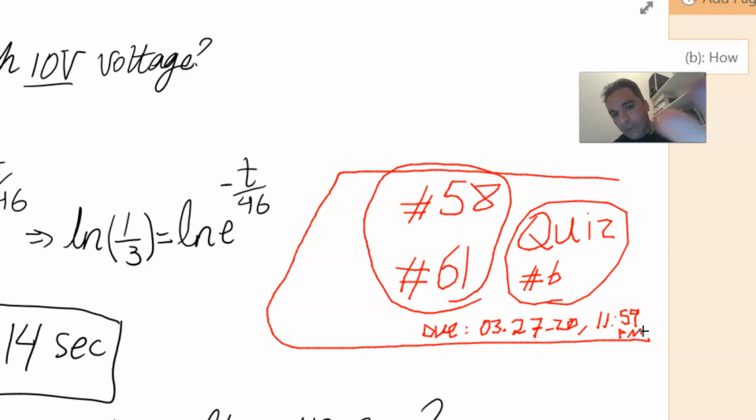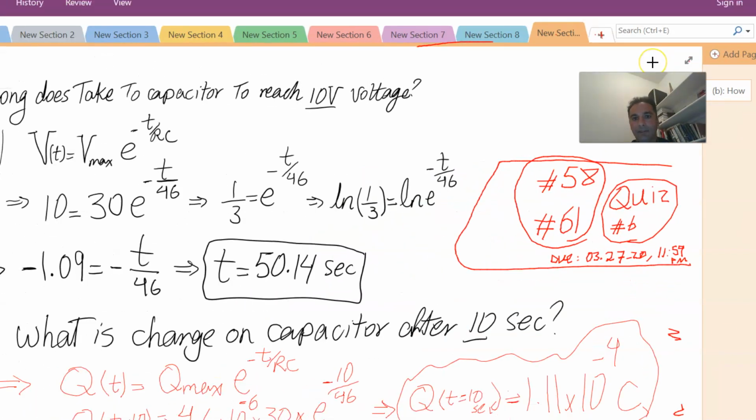Solve them. Do not copy from Google or solution manuals because I will know which way you are going. So watch the video carefully and answer it, please.